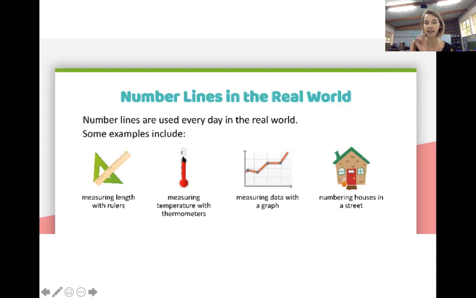We would have to stick that thing in our mouth and it would take our temperature. It's very good that now in COVID, we've got much better thermometers. We can use them on a graph to show different kinds of information. And then also, if you look in your street, you will see that the houses are numbered in an order. They're not just given any old number.